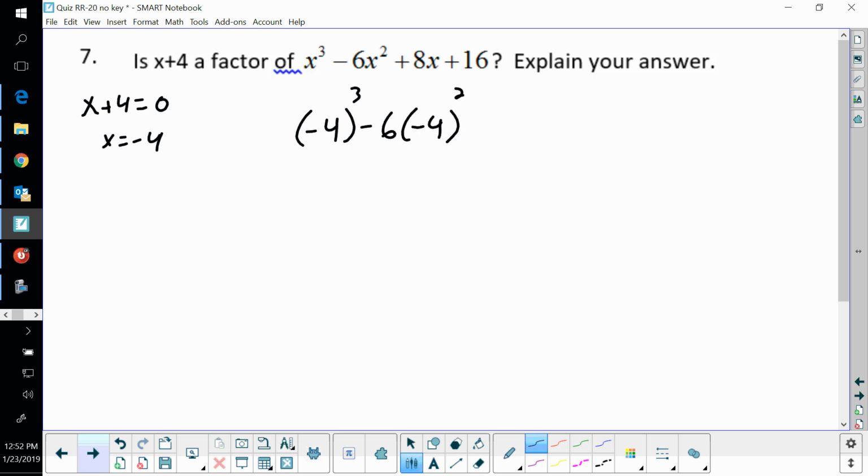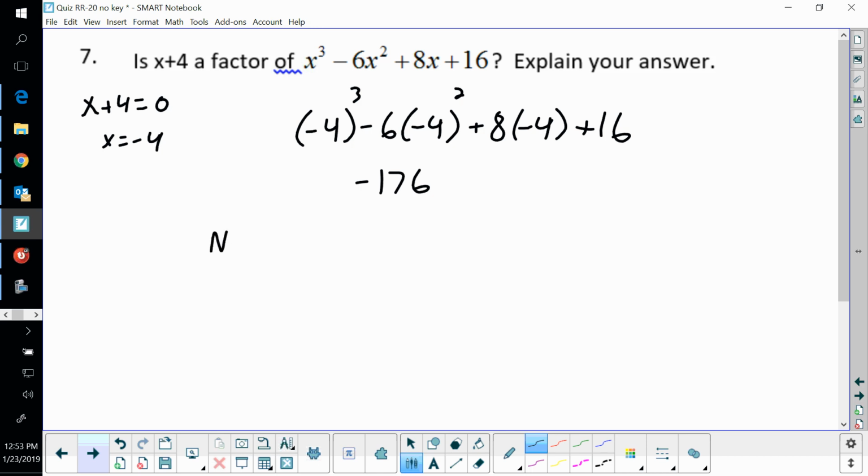Okay, this is called the remainder theorem, and it's telling us the number that is our remainder. Now you have to show this on your paper, but actually putting in your calculator, it might be easiest to do a store. So you can store negative 4 for x, type in the expression. When we do that, we would get negative 176, I believe. So we have to explain our answer.